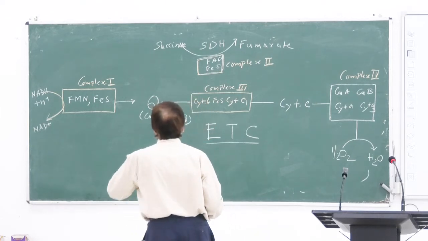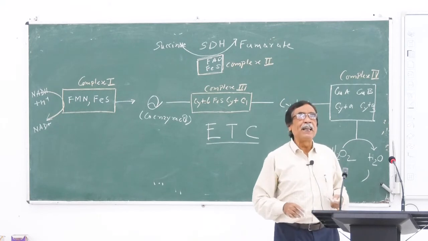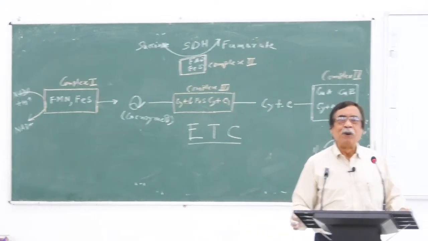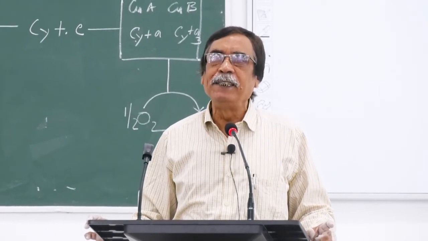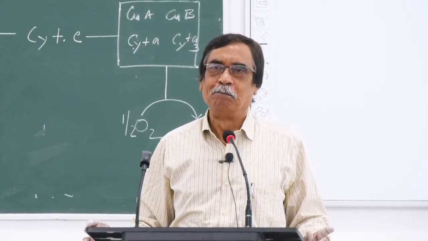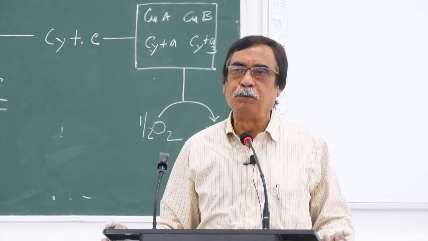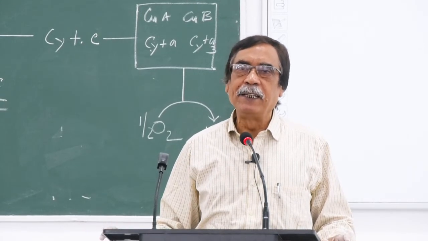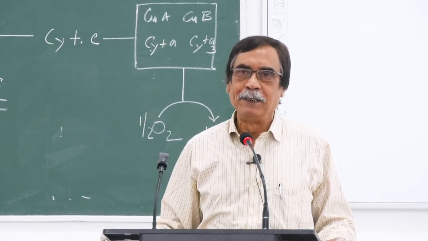And what is the nature of the complexes? All the complexes are integral membrane proteins of the inner mitochondrial membrane. Remember, all the complexes 1, 2, 3, 4 are integral transmembrane proteins of the inner mitochondrial membrane.